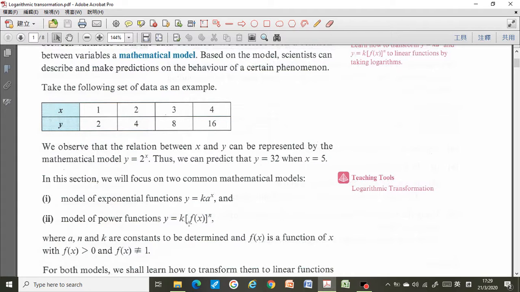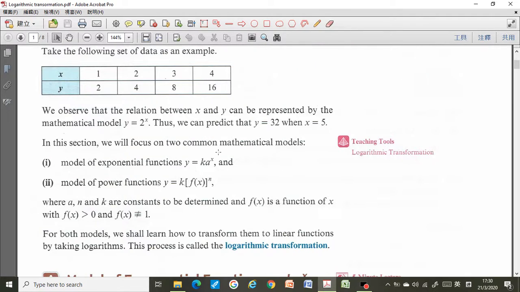And also the f of x I will expect to be a complicated function, maybe x plus 1 or x plus 2, not only just x. So in order to make this clear, you want to do some calculation by taking logarithm. Also k and f of x must be positive and f of x cannot be 1. It is the condition that you must first check.